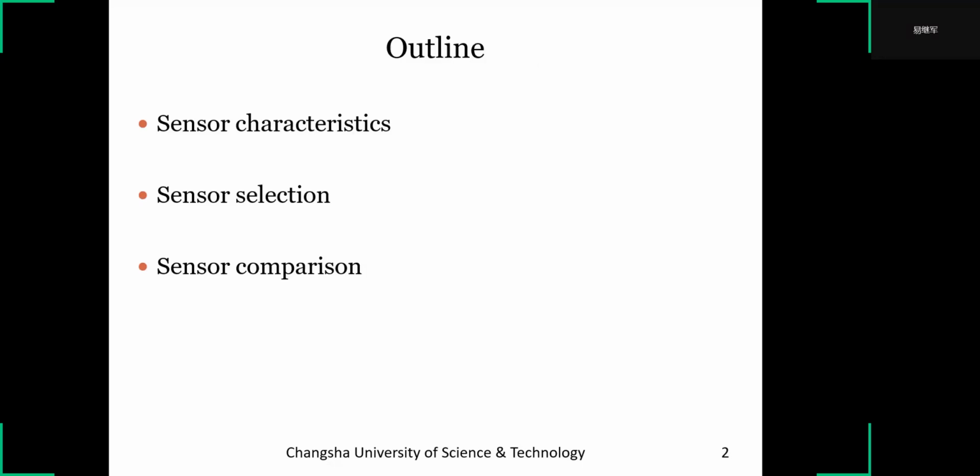In this chapter, I introduce the sensor characteristics, sensor selection and sensor comparison.